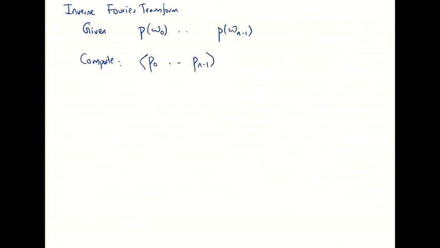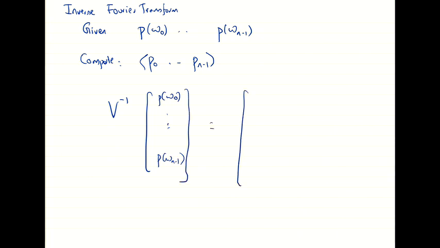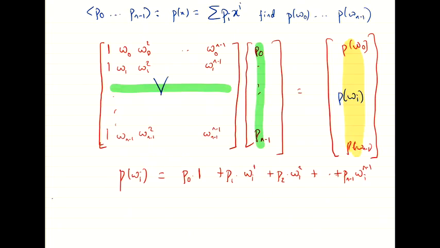Meaning, if I take V inverse times P of omega 0 to P of omega n minus 1, this will give us the P0 to Pn minus 1. Right, if V times a vector gives you another vector, V inverse times the right-hand side gives you the left-hand side. Okay?